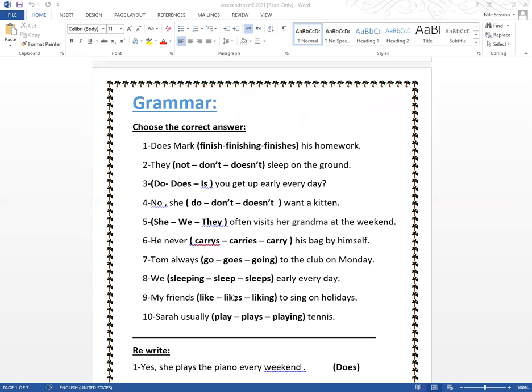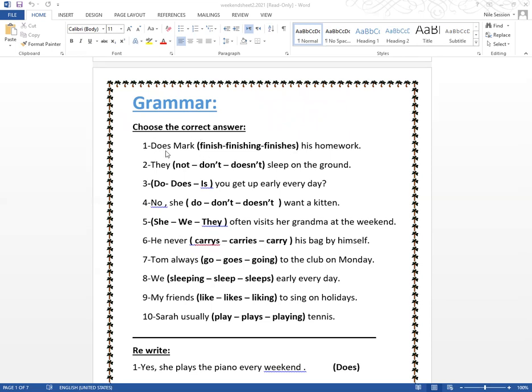The verb comes as it is with the naughty students, but the verb takes S with the super students. Okay, let's start. Does Mark finish? Mark here equals he, and he takes S.